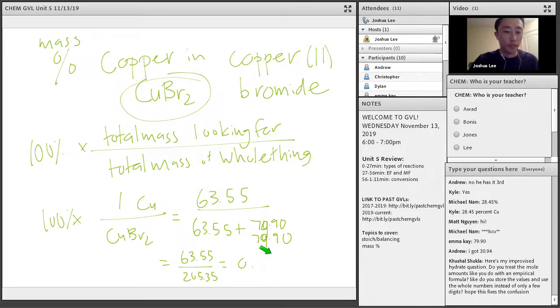Some of you were starting to freak out that, oh my gosh, we got this wrong. But nope. What would you guys do without Emma? 63.55 divided by that is 0.2845 dot dot dot. 28.45% copper. Nice.